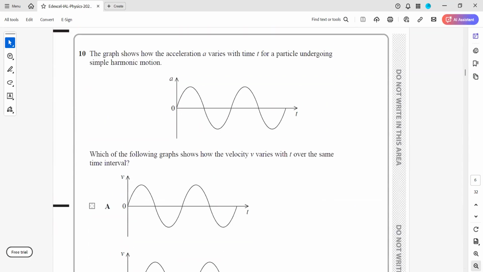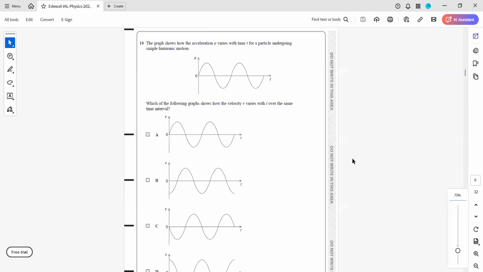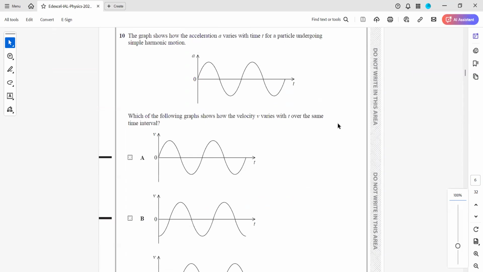Then in simple harmonic motion, which of the following is the velocity graph? Look, if you remember the graphs, for example, if the displacement graph is a sine theta graph, we have x, v, and a.